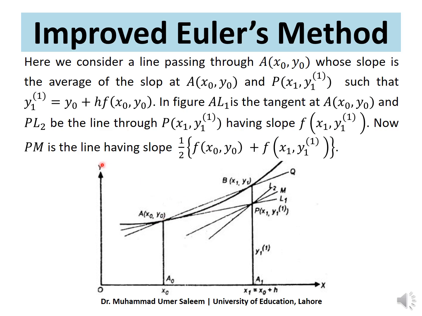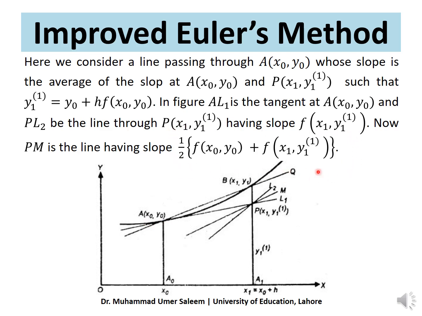Now PM is the line at the center of these two lines. Its slope will be the average of the slopes of PL1 and PL2. This is the slope of PL1, this is the slope of PL2. Take the average, and this will be the slope of PM. So our first guess in the improved Euler method will be a line passing through x0, y0, but having this slope.